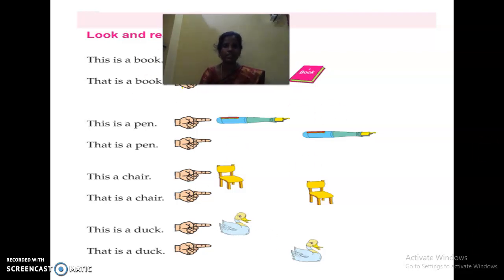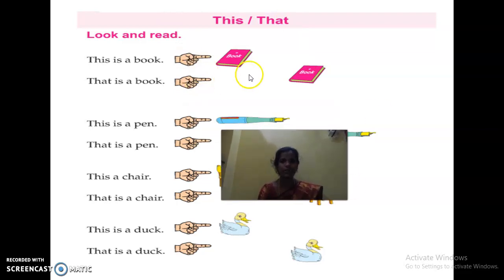Let me show some examples. This is a book, because the book is near to him.